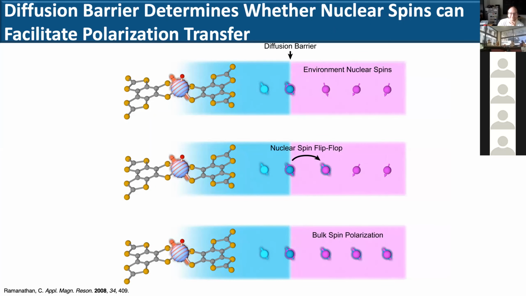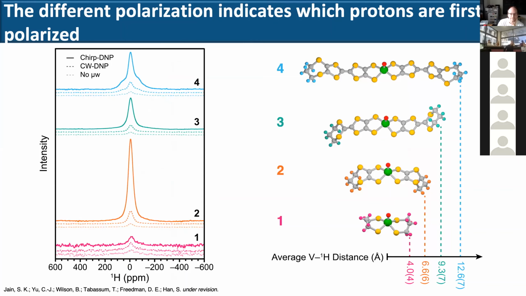Okay, so anyway, what we're doing is we're using our molecular rulers to measure this barrier and to see effectively which spins are polarized to lay the groundwork for future endogenous DNP. And this is also, incidentally, the first time vanadium, or a transition metal other than chromium and manganese, has been used for DNP. 99.99% of the work in this field is on organic radicals.